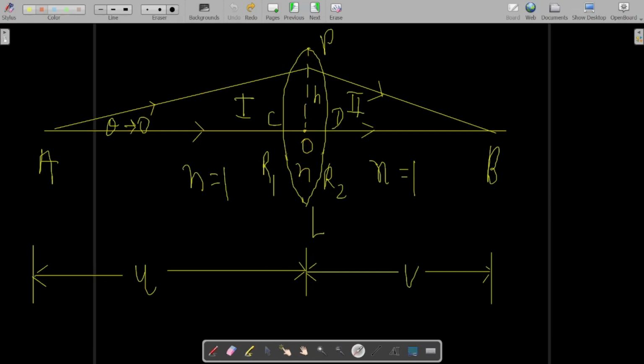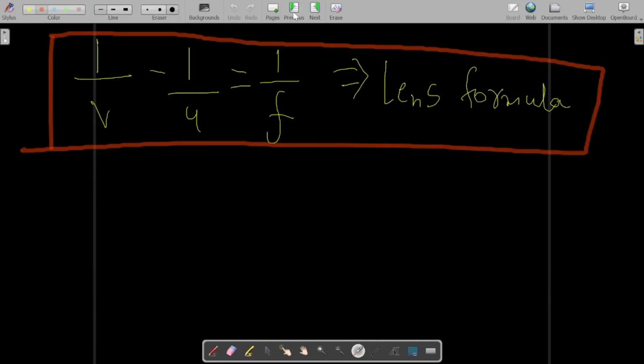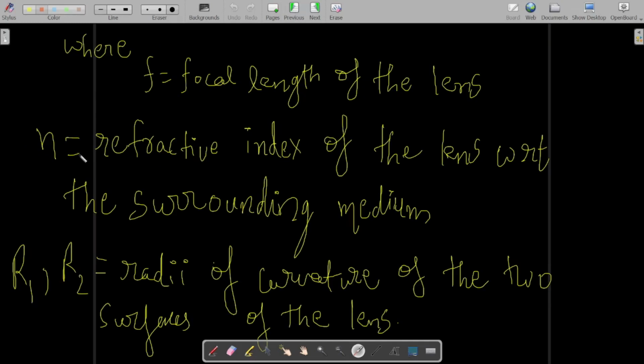This area and this area are the surrounding medium of the lens. So n is the refractive index of the lens with respect to the surrounding medium.